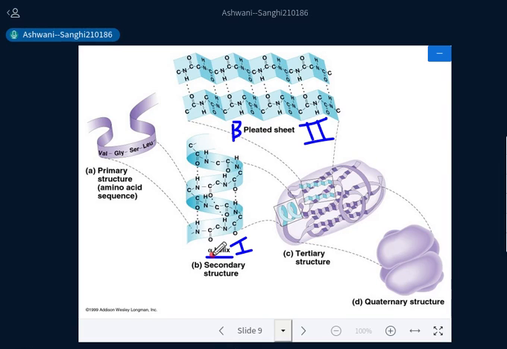Alpha means it was discovered first, beta means it was discovered later.